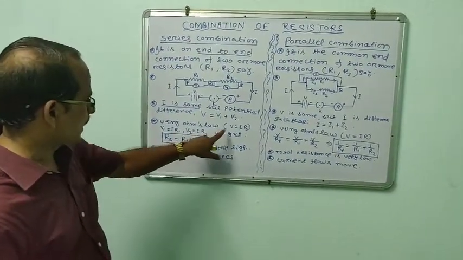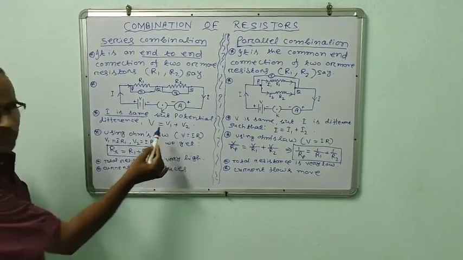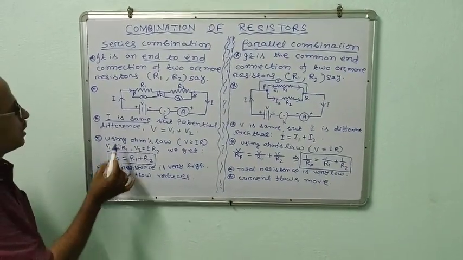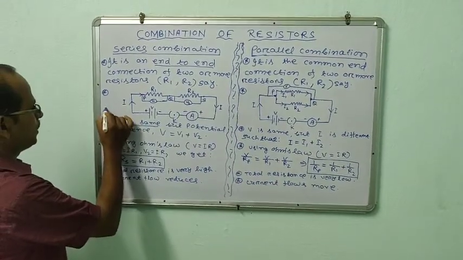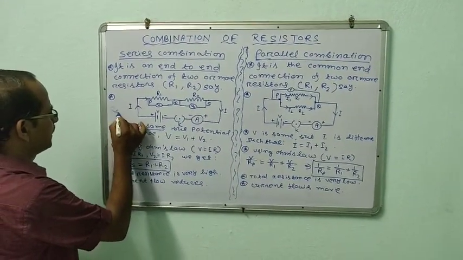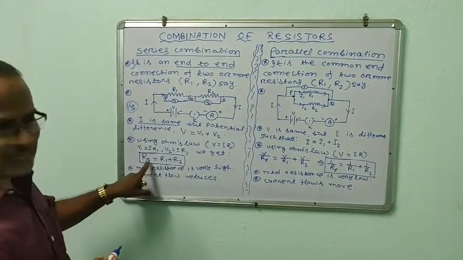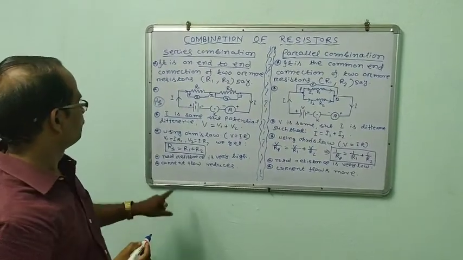If we use these values above, then we will find RS. Why have we taken RS? Because we are going for series combination, end-to-end combination. So here we are getting RS, R series, where S stands for series, equal to R1 plus R2.